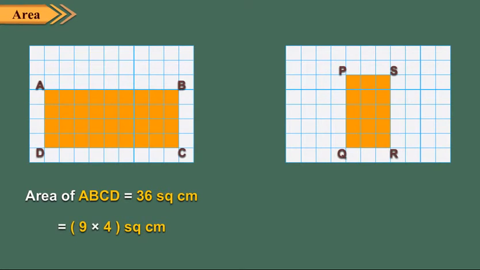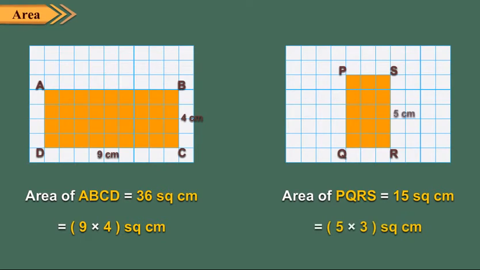Also, length and breadth of ABCD are 9 centimeters and 4 centimeters respectively. In the same way, we see that area of rectangle PQRS is 15 square centimeters. Also, length and breadth of PQRS are 5 centimeters and 3 centimeters respectively.